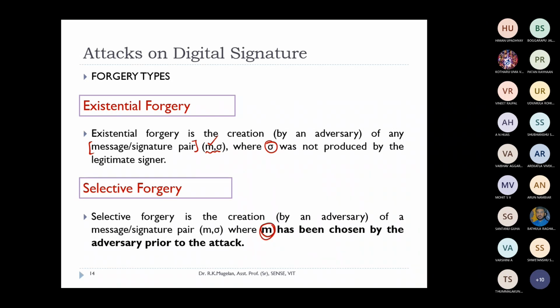He won't target all the messages, but he has chosen the message prior to the attack, and for that particular message he will create a legitimate signature. Whereas in existential forgery, he can choose any message and perform the forgery. This is selective forgery, and that is existential forgery.